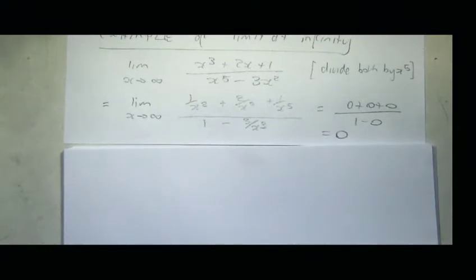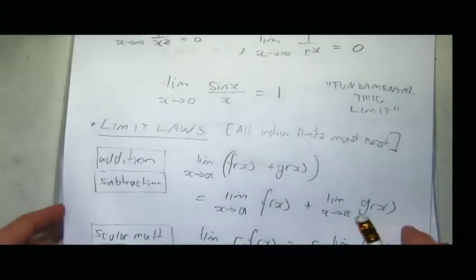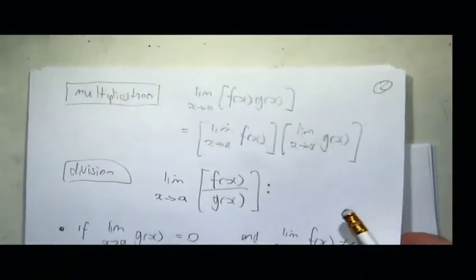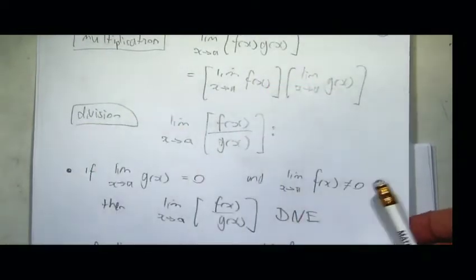Alright, so I do have a couple more limit laws to go. Okay, so far, just to make sure we've got a handle on what's going on here. So far, we've had a limit law for addition and subtraction, a limit law for scalar multiplication, a limit law for multiplication, a limit law for division, which has been the most useful limit law so far.